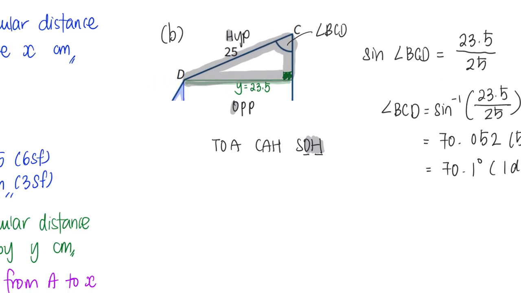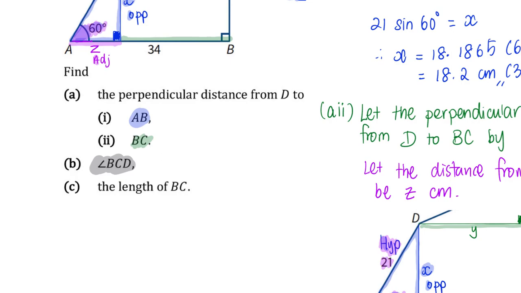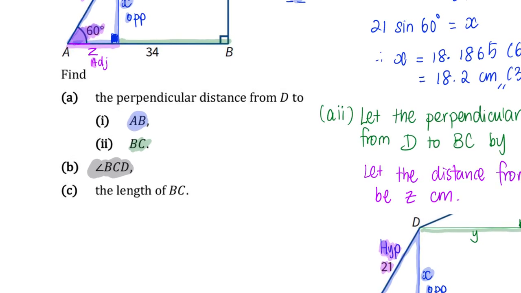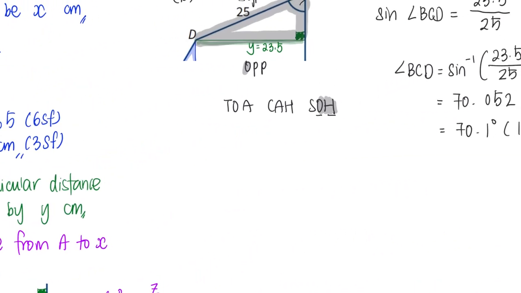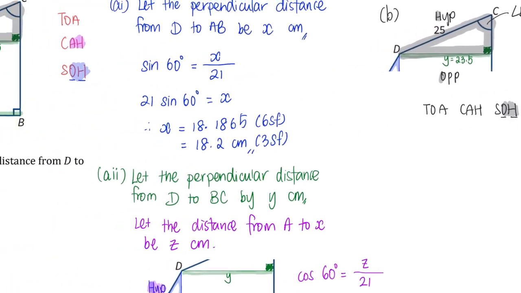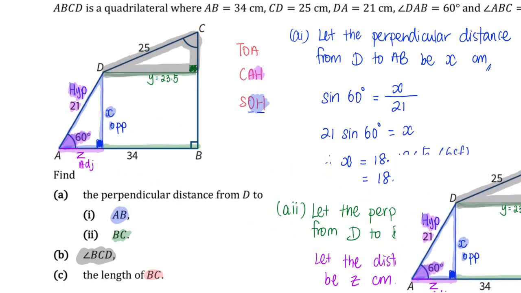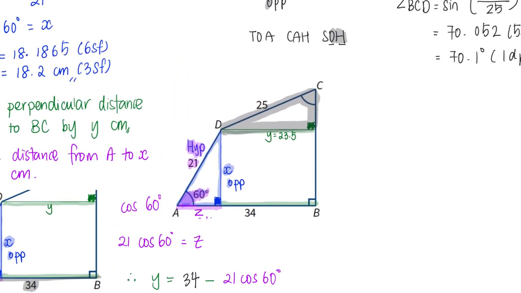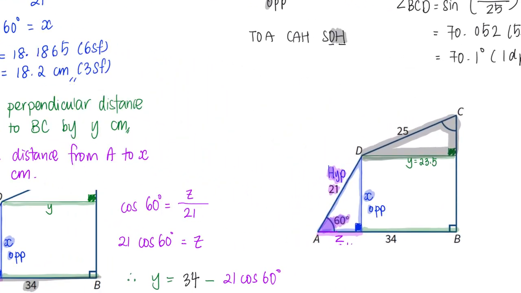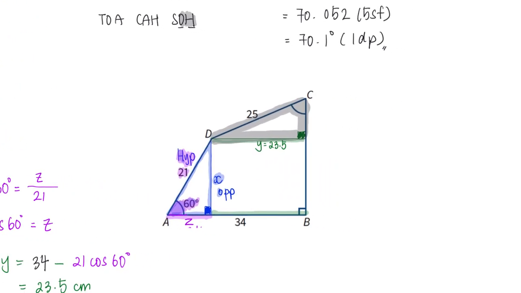And for part C, find the length of BC. Okay, this is quite straightforward because I could rely back on what I found. I'm going to just cut out this whole triangle, this whole diagram out, and just move this here so that we could work on my part C here.